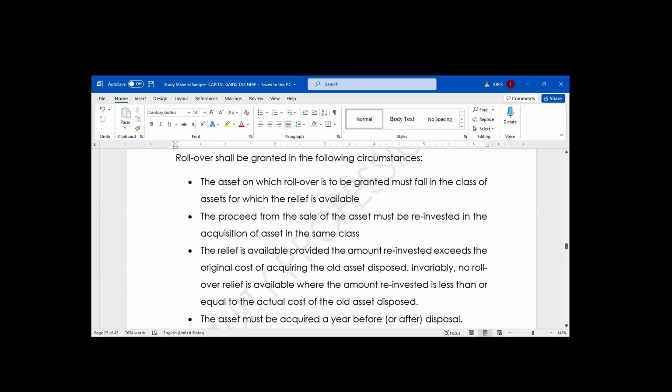Old asset. So the condition for claiming rollover relief is the amount you want to reinvest, the cost of acquisition of the new assets, which is the amount reinvested, must be more than the original cost of acquisition of the old assets.